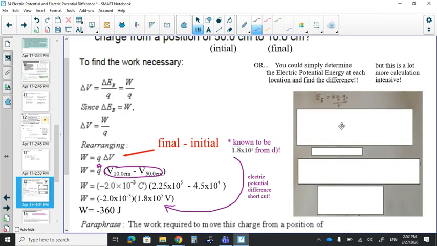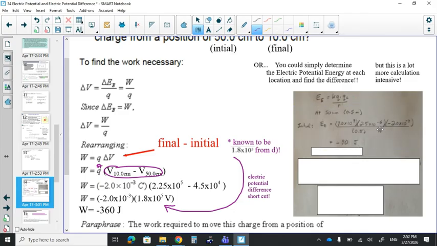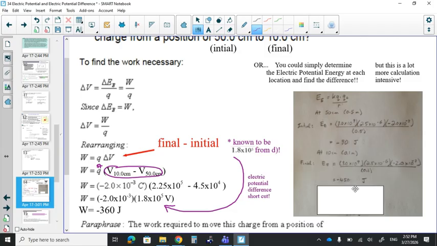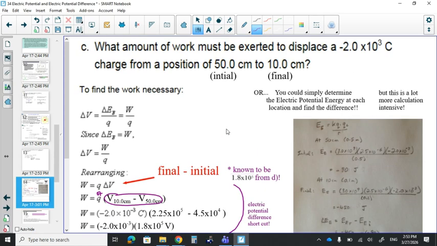So you'd have electric potential energy at one spot, and then you'd have the electric potential energy just based on the old equation, right? Q over R. And you just get each of the energies and subtract it all out and get your 360, right? It just would be a lot more calculations, a lot more numbers that you don't need to have because you could take advantage of this electric potential and electric potential difference concept, right?